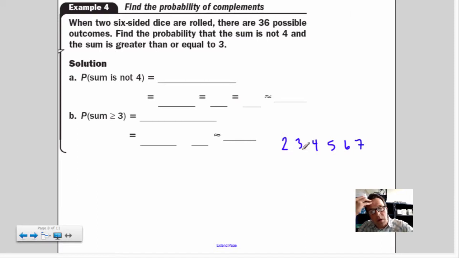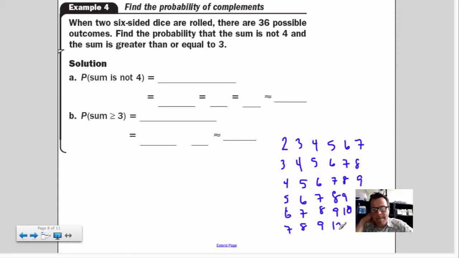And then if you had the first die come out as a 1 and the second as a 2, then you should be able to fill in the rest of this. And there you go. It's all filled in. I kind of took out the part for you to watch me do that.